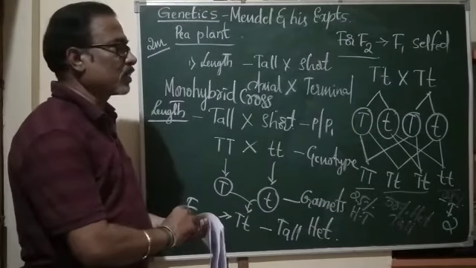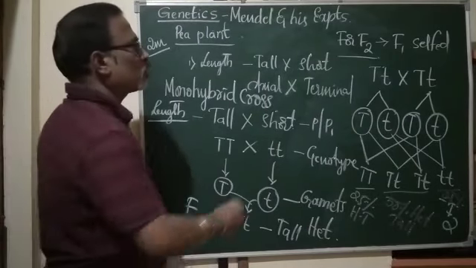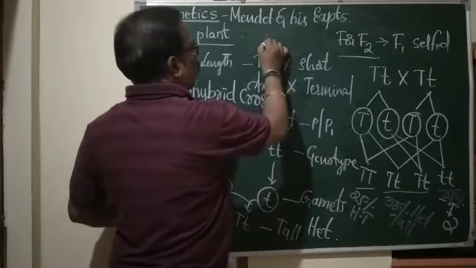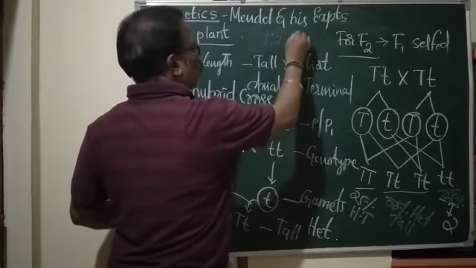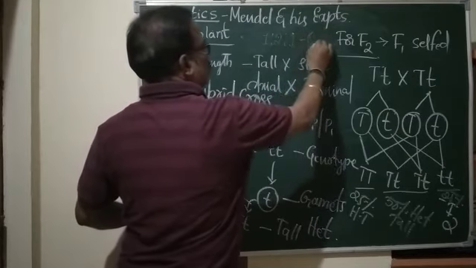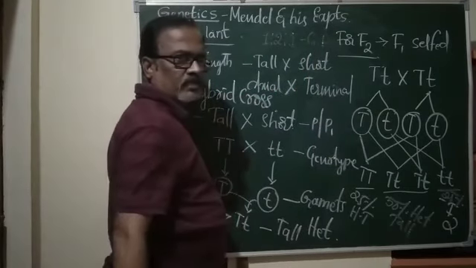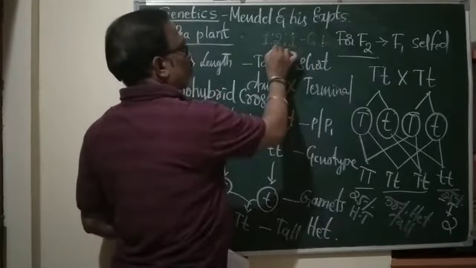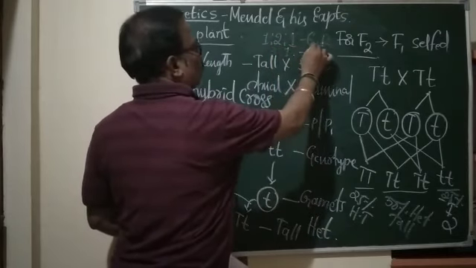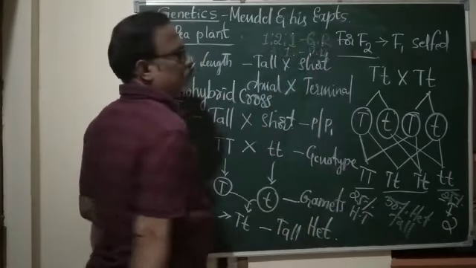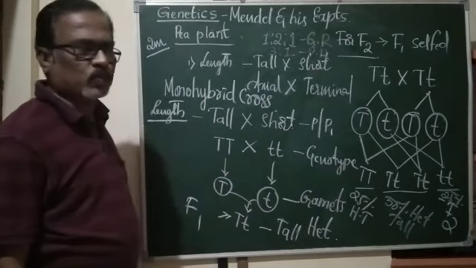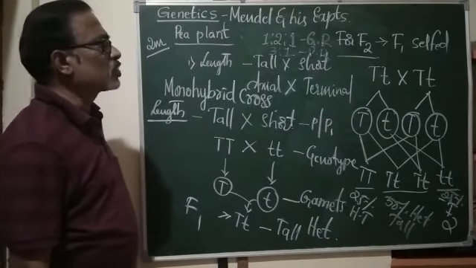So genotypically the ratio is 1:2:1. This is the genotypic ratio. Phenotypically the ratio is 3:1. This is the phenotypic ratio.